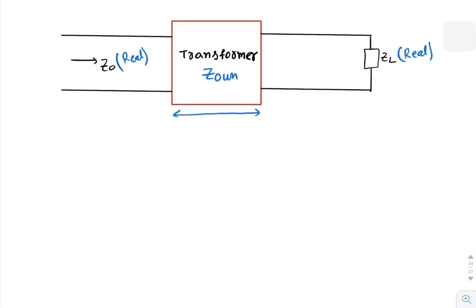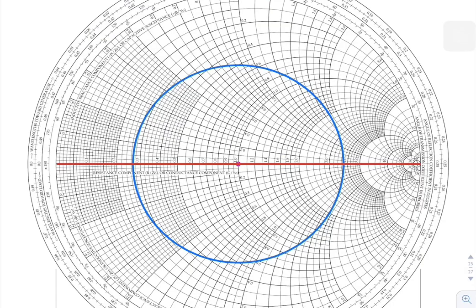Since ZL and Z0 both are real, the normalized load impedance ZL bar equal to ZL by Z0 is also a real value. If you want to represent this point on the Smith chart, we know that this horizontal axis is x equal to 0, which means any point on this line is a normalized real value which has only r value, which is not equal to 0, whereas x value is equal to 0.